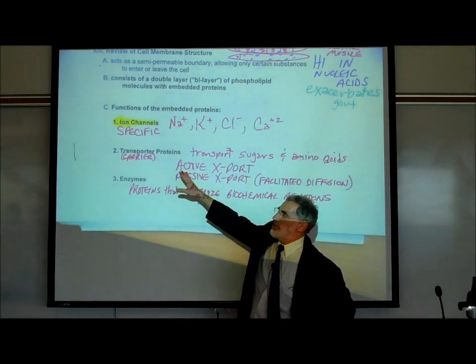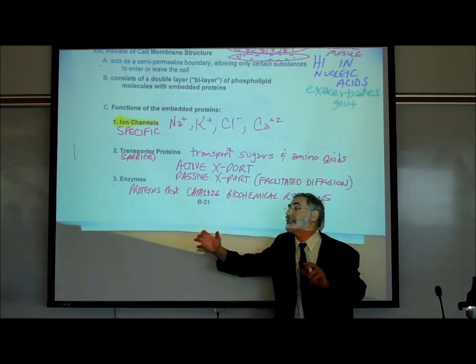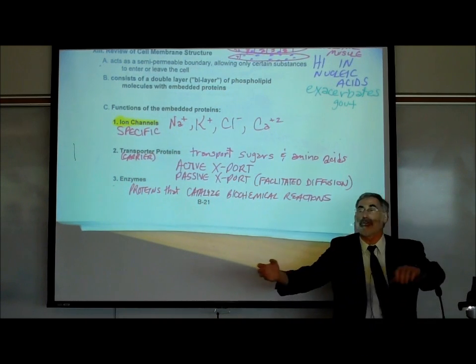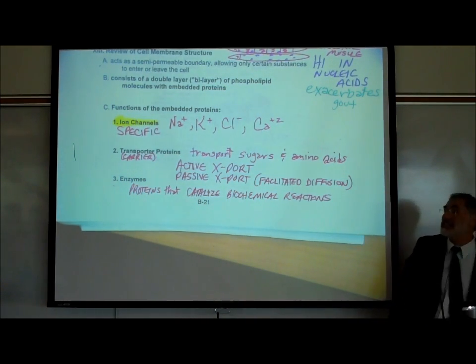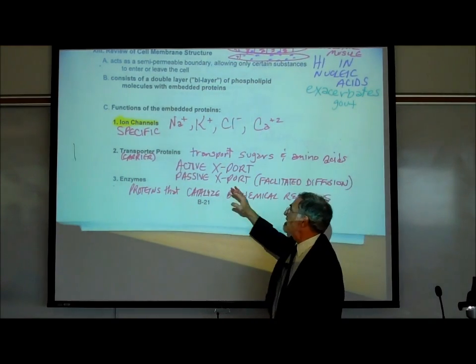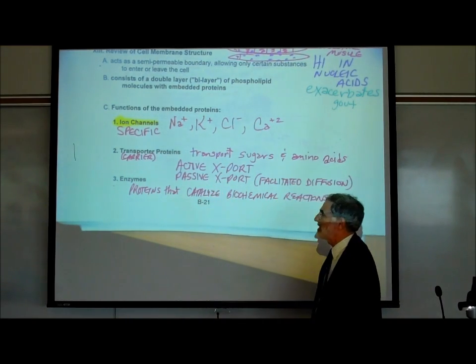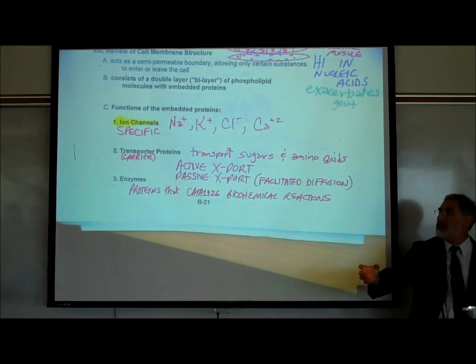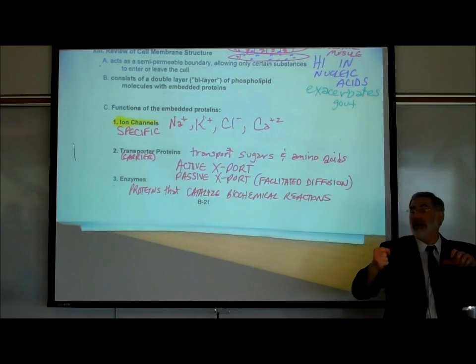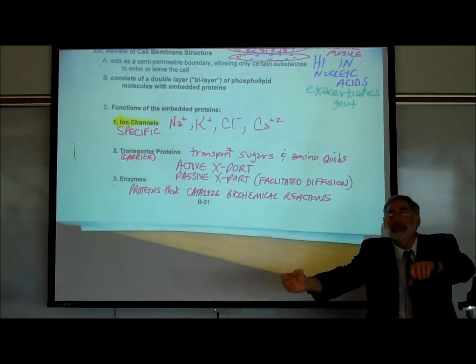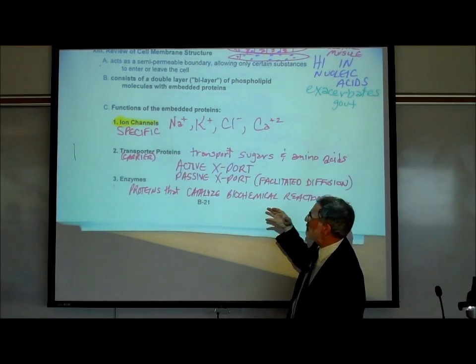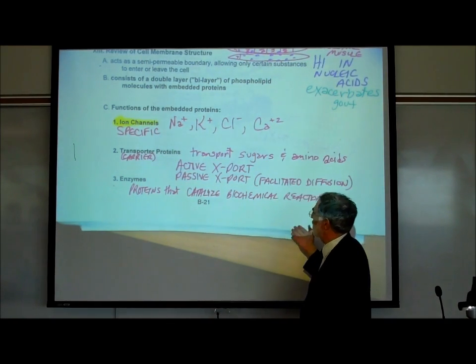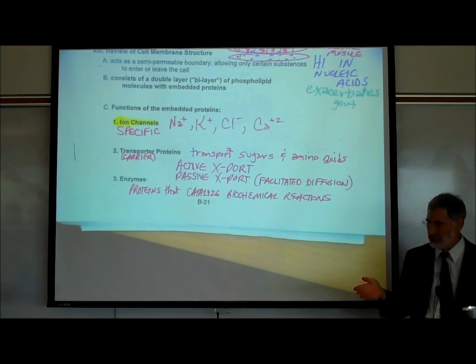If the transporter protein requires ATP as a source of energy to move, say, an amino acid across the cell membrane, that's called active transport. But sometimes the transporter protein does not require ATP. It does not need energy to help move a molecule across. If no ATP is required, that's called passive transport or facilitated diffusion.